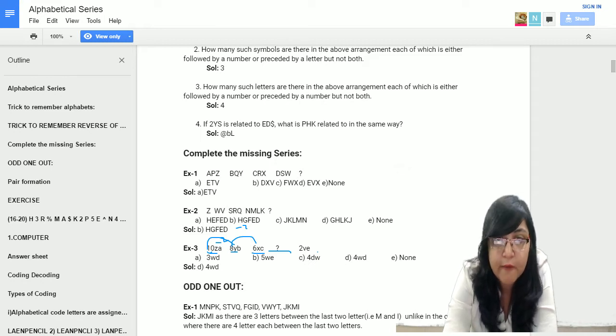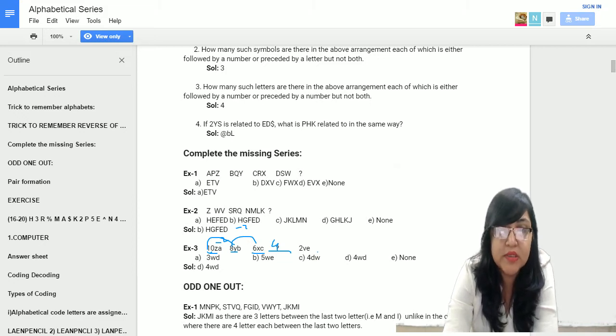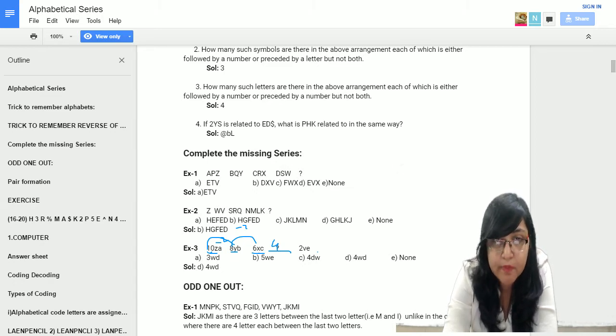If I do minus 2 over this, we'll have 4. Now see, this is matching: after 6 we had 4, and after 4 we had 2. Next we'll go to the second element. We have Z, Y, X, so this is going in reverse, one back, consecutive terms.